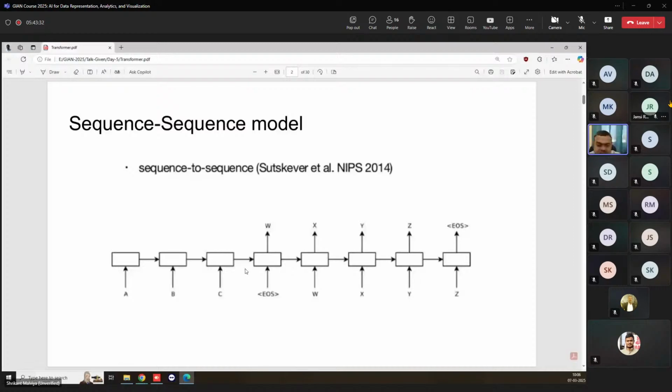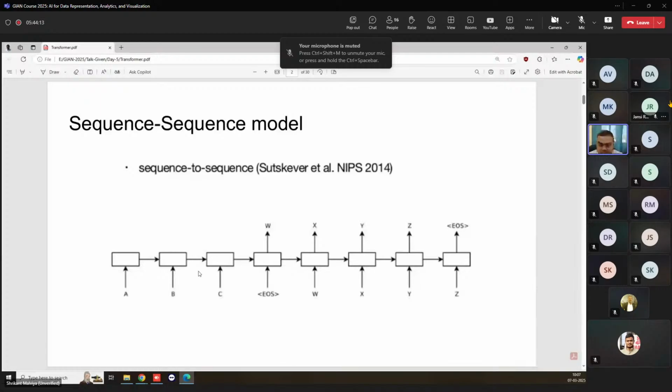So we can consider it in various ways: we can use a single RNN layer and do the encoding and decoding in the same model, or we can use two separate models. One model is used for encoding; it takes only the input sequence and generates the input representation, which is given as input to the decoder model, which will sequentially generate the entire output sequence.